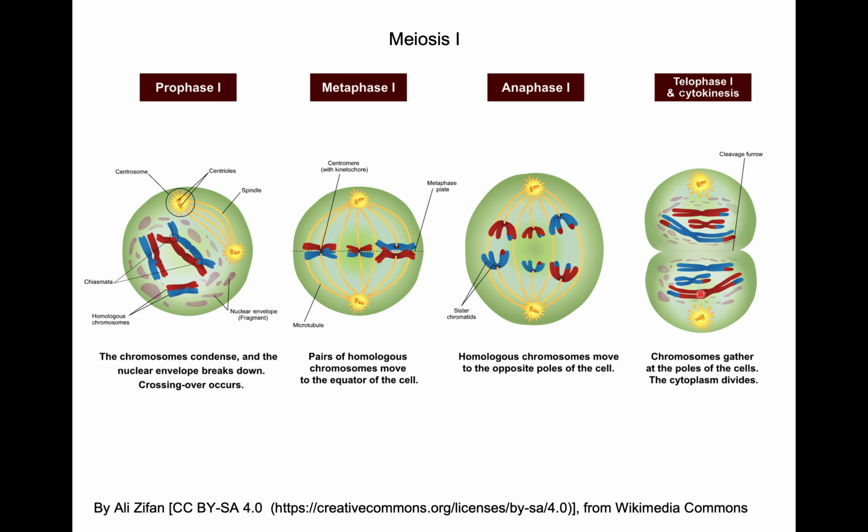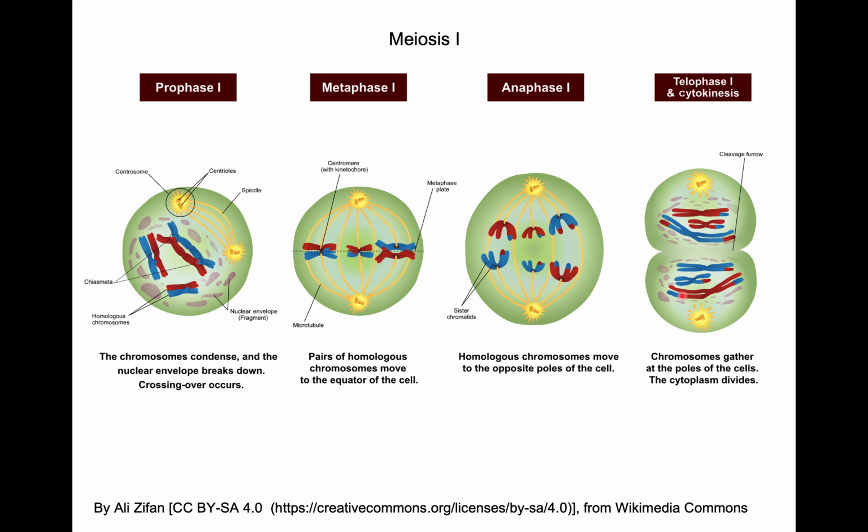So each end of the cell gets one of these pairs. So by the time meiosis 1 is finished, you're going to get two cells that are haploid. You start with a cell that is diploid, and you get two cells that are haploid.